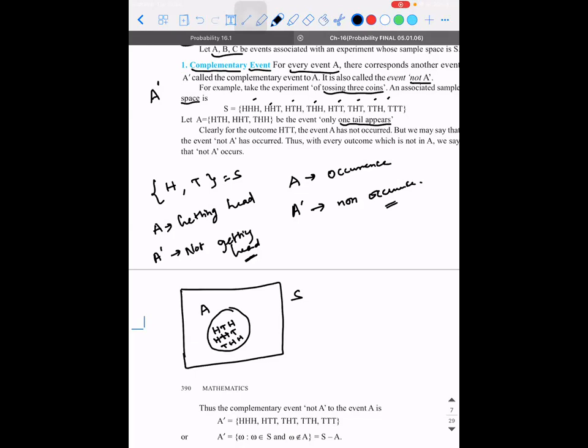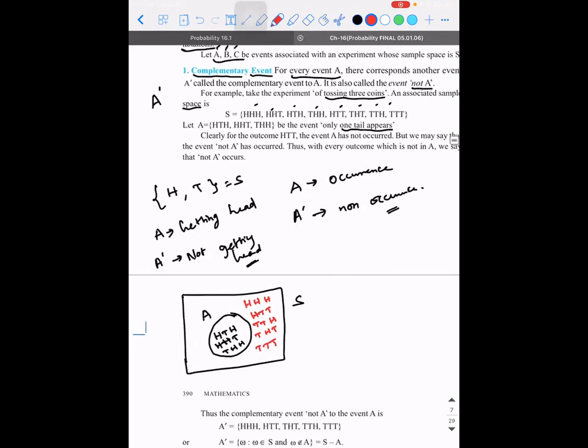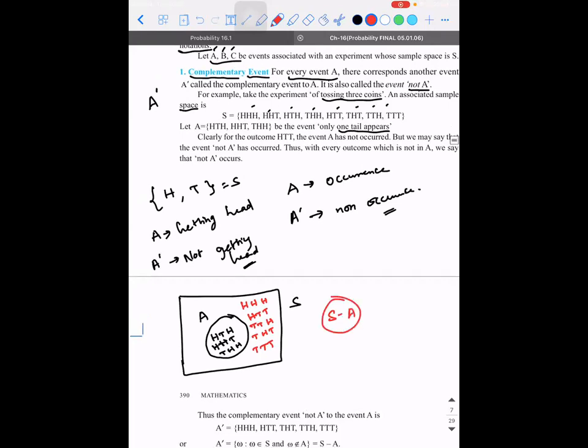Remaining things are outside, right? Where are they? They are scattered somewhere in the universal set only. All the 5 are there. All these 5, can I write them as S minus A? That is the difference between the universal set and the set A, and that is what is called A complement.